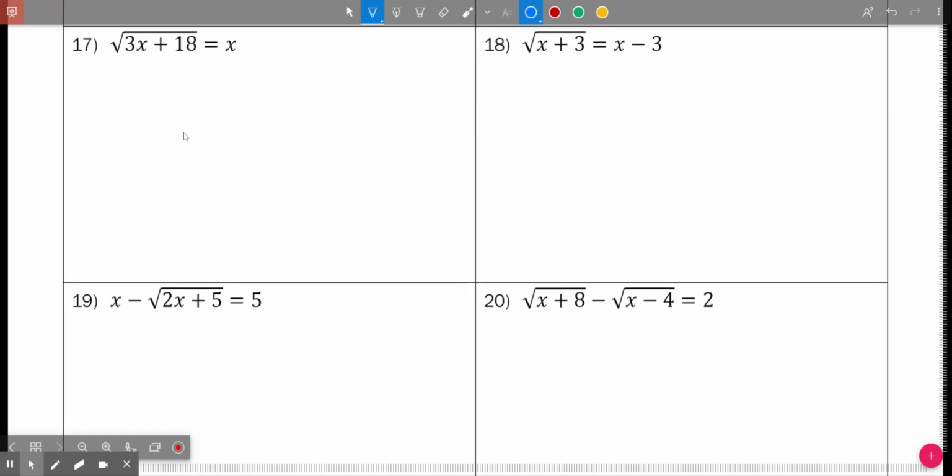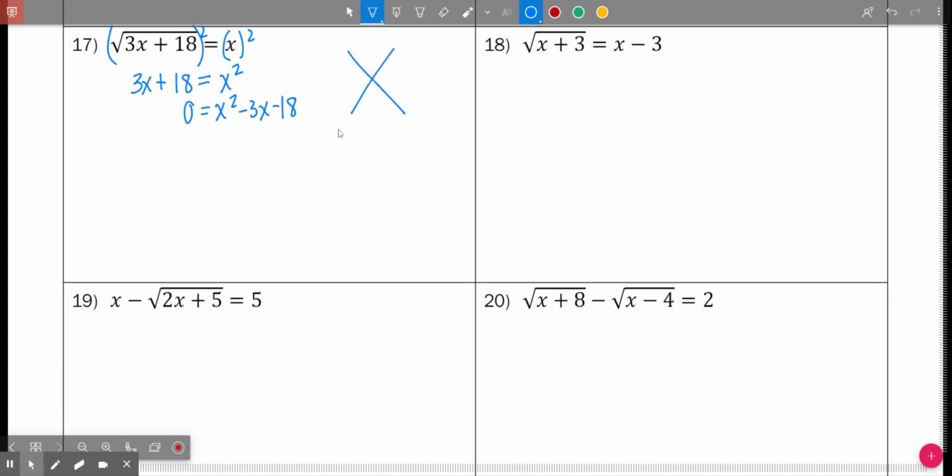In number 17, I already have an isolated radical, so I'm going to raise both sides of my equation to the second power because I'm working with the square root. My square root is undone by my square, which cancels it out, and I'm left with 3x plus 18 equals x squared. I have a quadratic equation, so I have to set it equal to 0. So 0 equals x squared minus 3x minus 18.